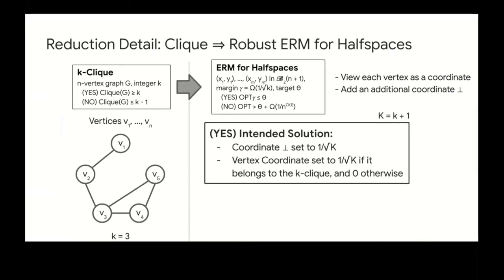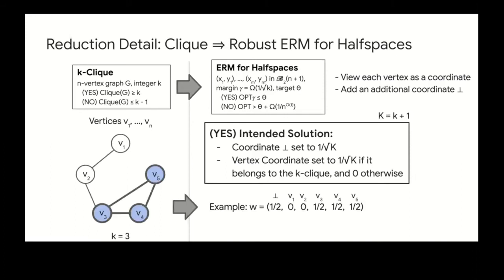So before we see the reduction, let us take a look at the intended solution. In the intended solution, we want our half space W to have value 1 over square root k plus 1 at the coordinate null, and also at all the coordinates that correspond to the vertices in the k-clique.